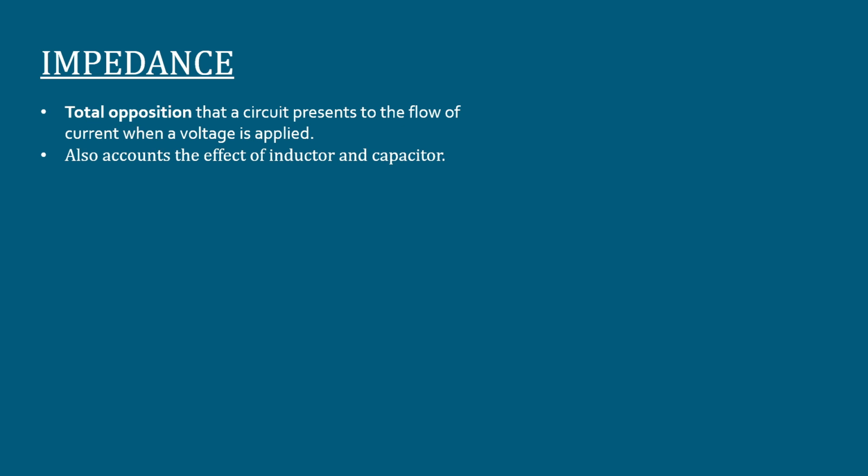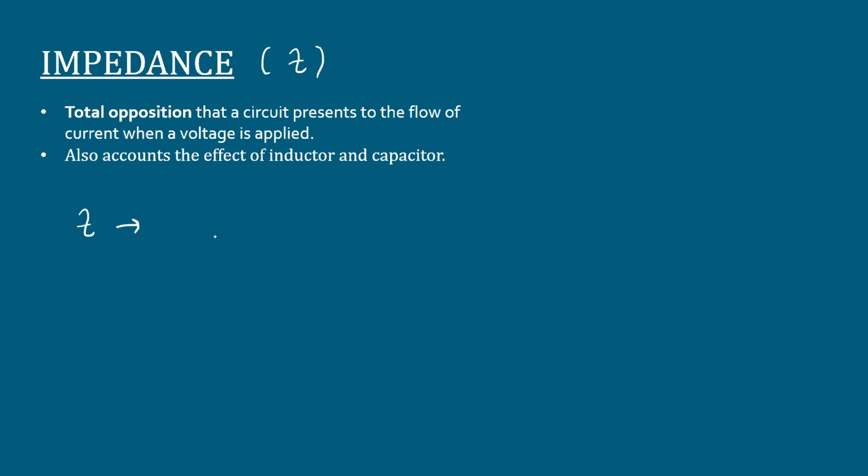Impedance is a general form of resistance, because here we also account for the effect of the inductor and capacitor, which present opposition just like the resistor. Impedance is symbolized by Z.